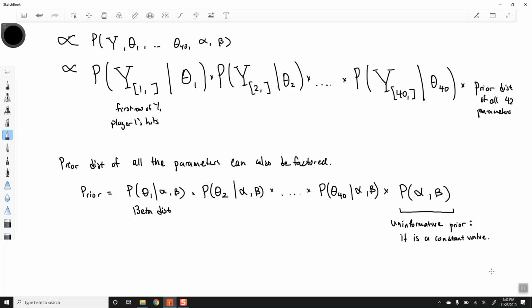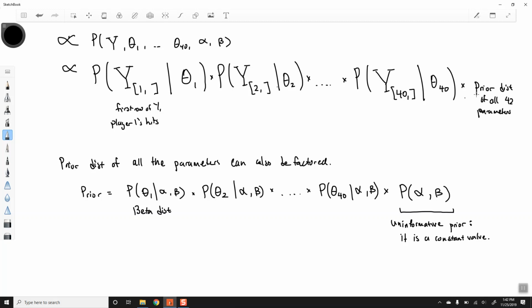Whatever bounds this has, alpha and beta actually have to be positive, so it doesn't go from negative infinity to infinity. Even if it's from 0 to 1,000,000, you can have an uninformative prior where it's just flat, some kind of constant, and then we don't have to worry about it, right?